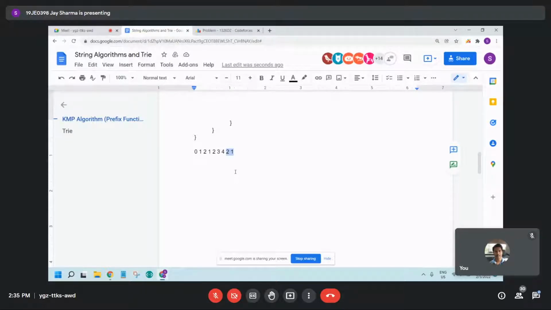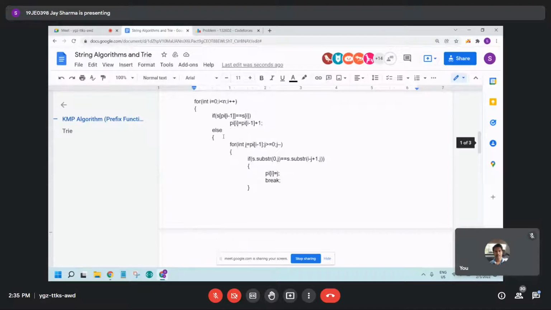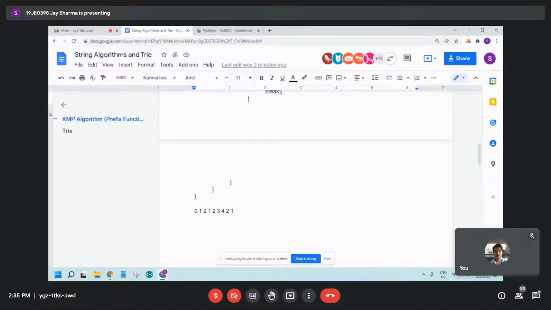And so what I say is that since this j is just iterating either up or back, it's kind of a pointer, because this j starts with prefix of i minus 1, and this will go down to 0, and as soon as we are getting a value for which it is satisfied, this is just breaking. So this j is nothing but the differences between these.